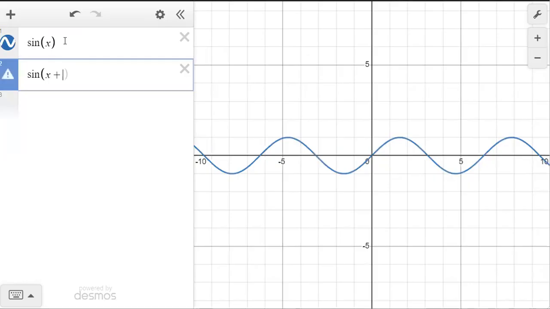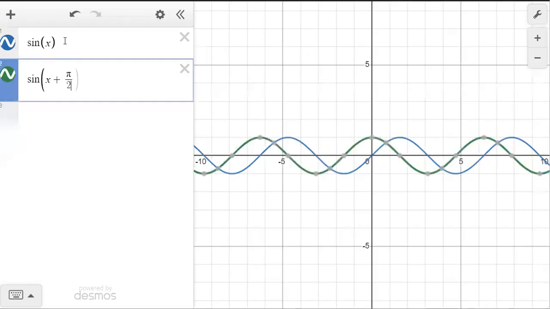Now I am taking pi by 2. See what happens. This was the graph of f of x, and this is the graph of f of x plus pi by 2.